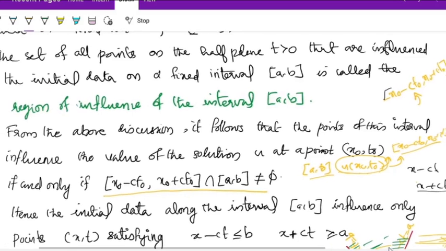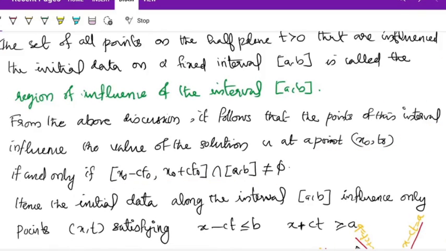Okay. Thus, the set of all points on the half plane t greater than 0 that are influenced by the initial data on this fixed interval AB is known as the region of influence of this interval.